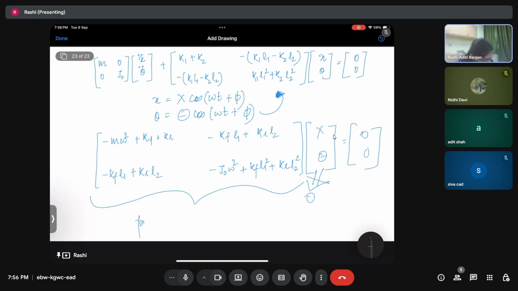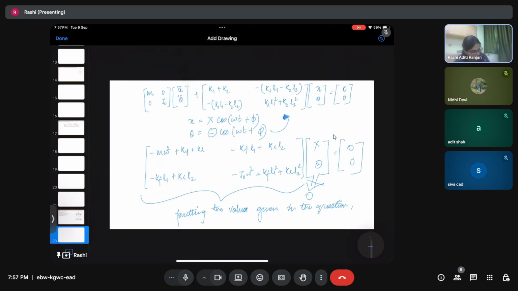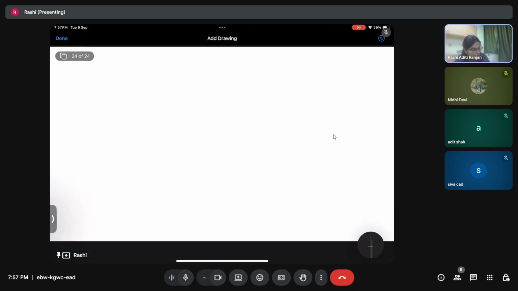Putting the values given in the question, what do we get? I've already written it.